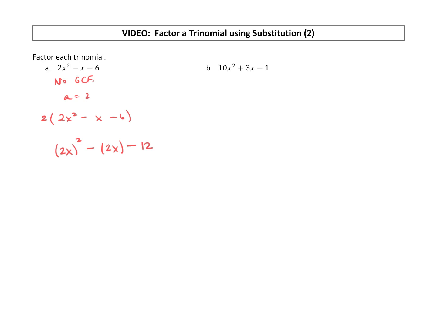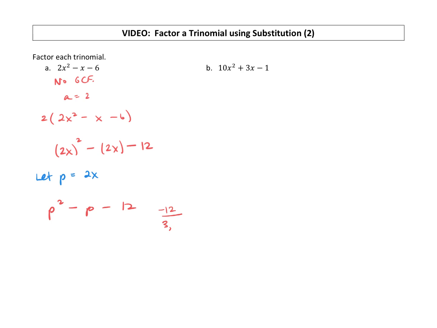So we are going to use substitution, let p equal that 2x. And then we rewrite. Instead of 2x squared, we have a p squared, minus, instead of that 2x, we're going to replace it with a p, minus 12. And now we factor this trinomial. We're looking for factors of negative 12 that add up to negative 1.